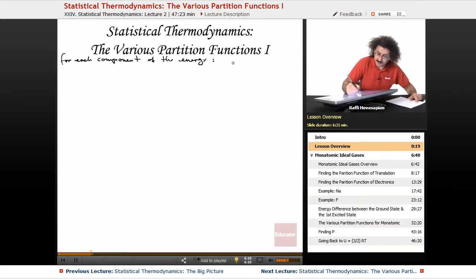In other words, q is equal to q of translation times q of vibration times q of rotation times q electronic.